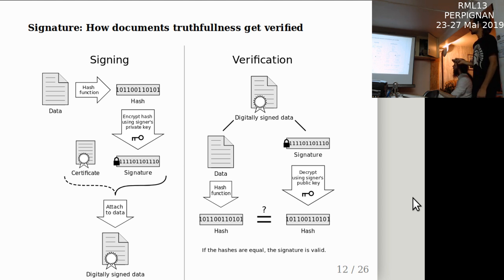Here for instance we have a document, for instance a transaction. We hash it, and with this hash we use our private key. We enter our credentials, and we get a signature that we append at the end of the document, and then we send it to the node, and the node will perform a verification on it.